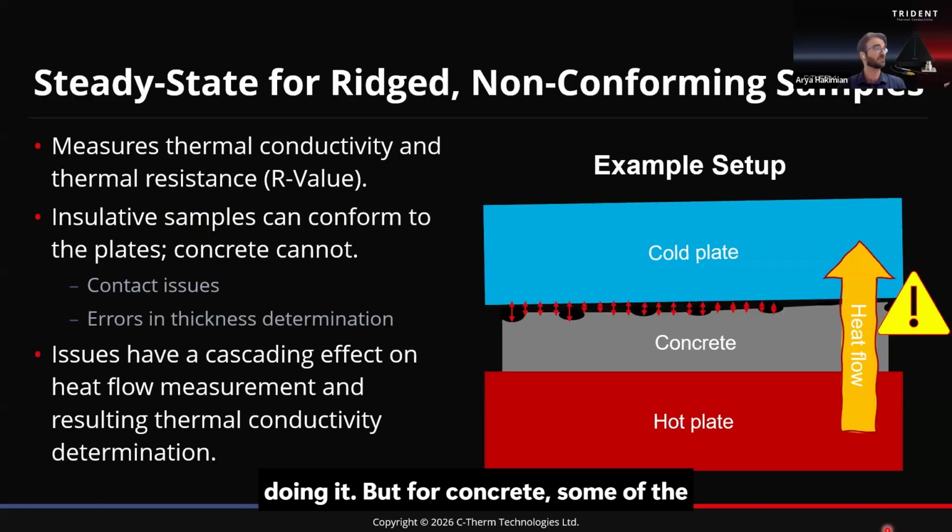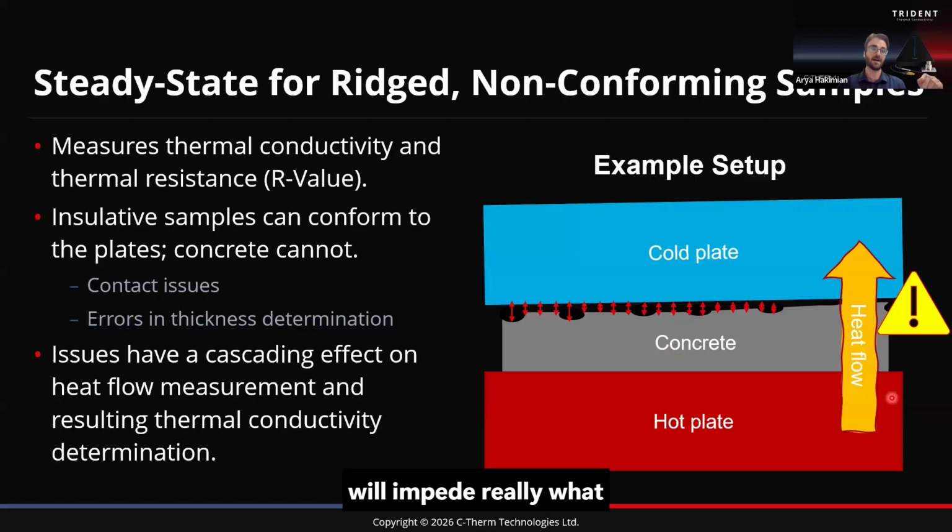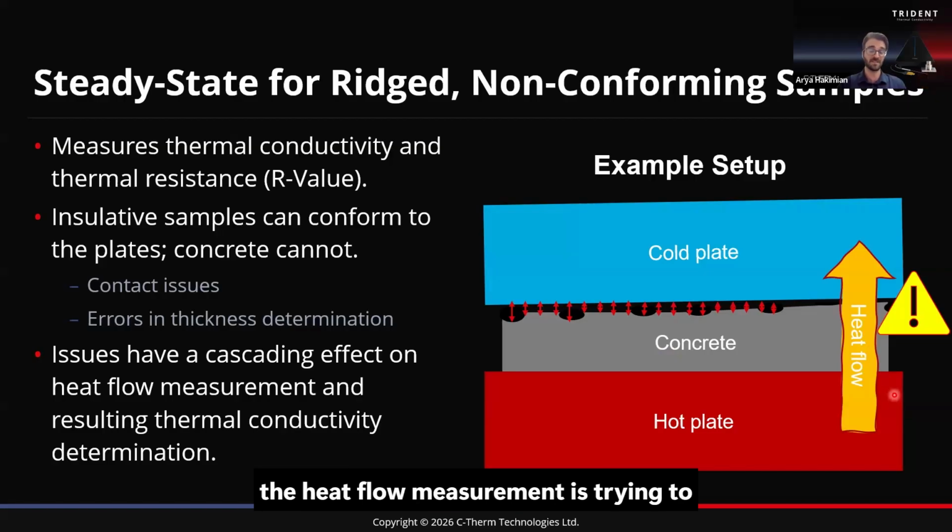But for concrete, some of the issues come up in that prep in terms of the sample itself. If you don't have a very nice planar, even surface on both sides, what you'll typically run into in these dual plate style arrangements is contact issues and errors in thickness determination, all of which will impede what the heat flow measurement is trying to do.